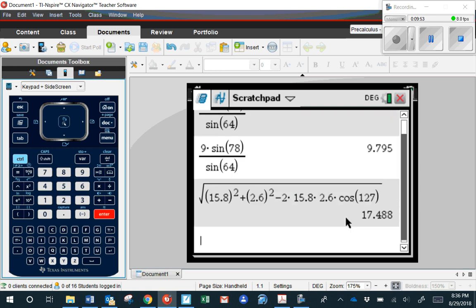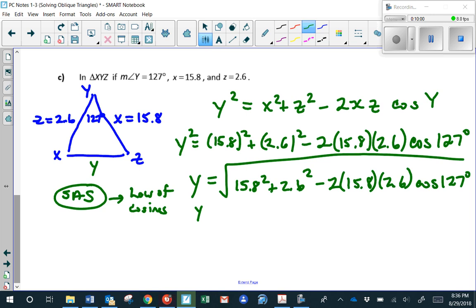Enter, and the calculator gives us that 3-digit approximation, 17.488.